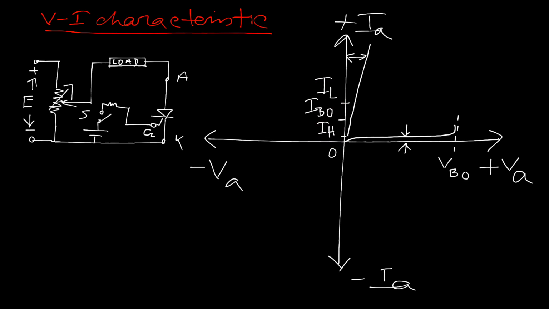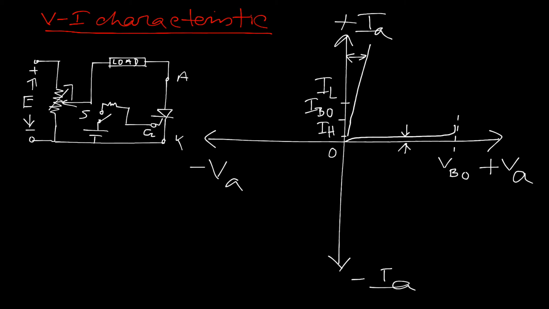IH is the minimum current able to maintain the on state of the switch, below which the switch must be in the off state. IL is the latching current, the minimum current normally needed for the conduction process of the SCR, below which the SCR can be on or off. That is the uncertainty. That is why these are fixed values IL and IH. Okay, fine.